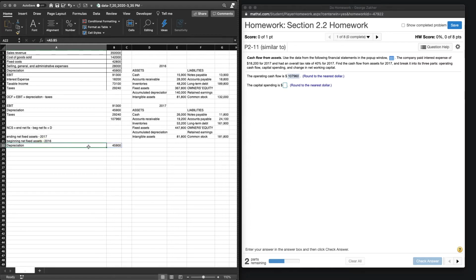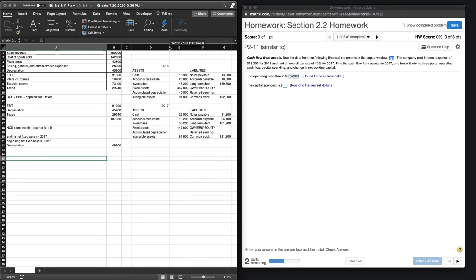In order to figure out our net fixed assets, we need to know our fixed assets, and we also need to know our accumulated depreciation. One thing you'll notice in the balance sheet is they don't give us our accumulated depreciation, but if we recall, accumulated depreciation for the most recent period would just be the accumulated of the previous period plus the current depreciation.